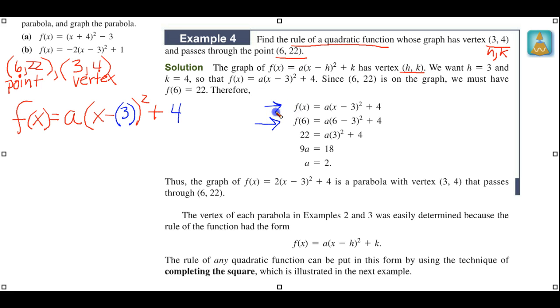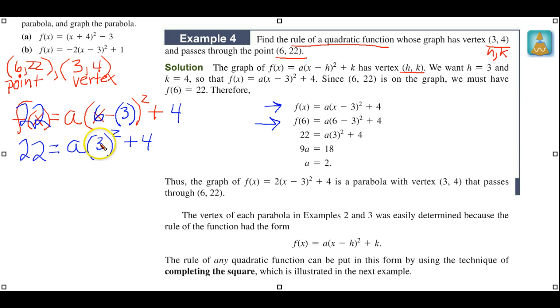Well, up here. We now have one point. We know that x here, this x, is going to be a 6. And our y will be a 22 out there. So now let's rewrite this. It's 22 equals a. Now we're going to do this subtraction here, get a 3, and then we have this.